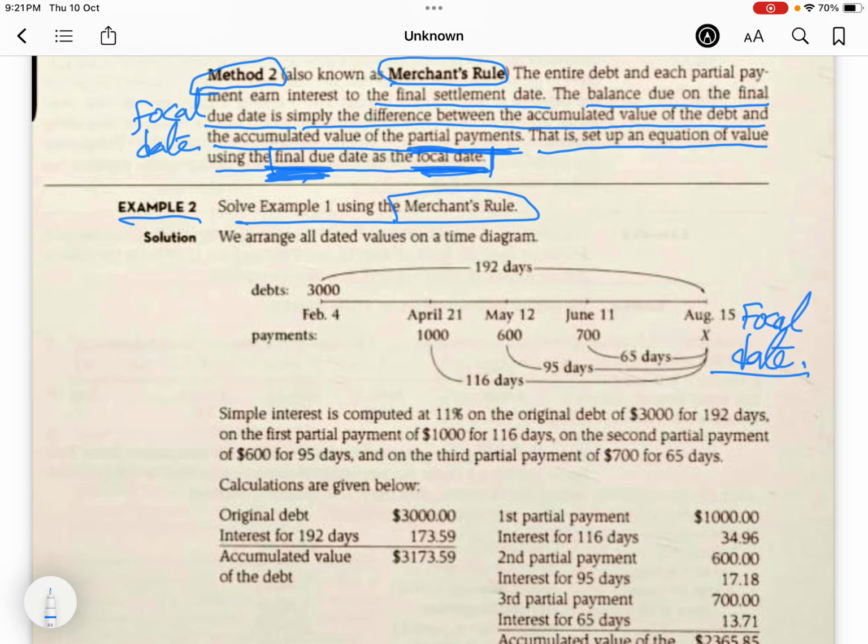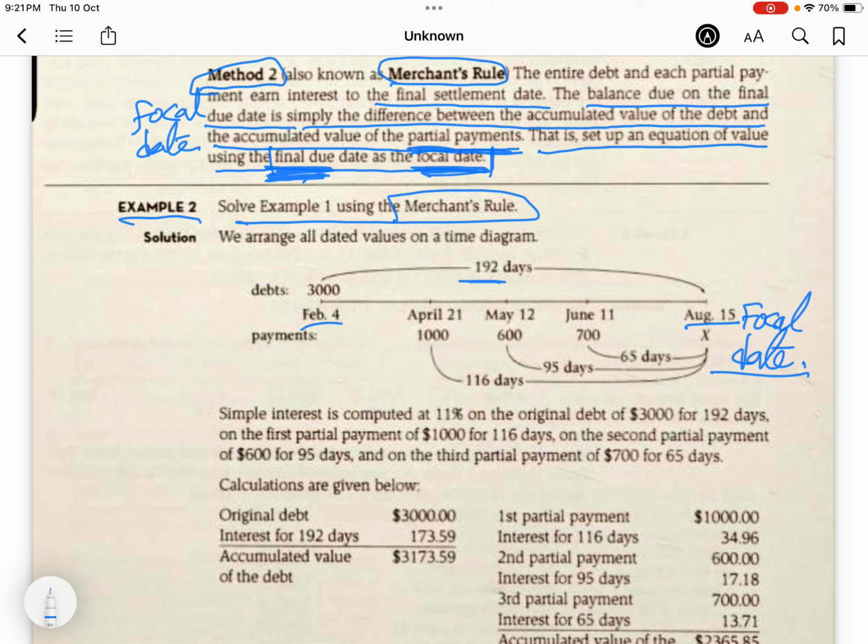We arrange all dated values on a time diagram. Here the debit, here the payments. Then you calculate from 4 February to August 15. You will have 192 days.